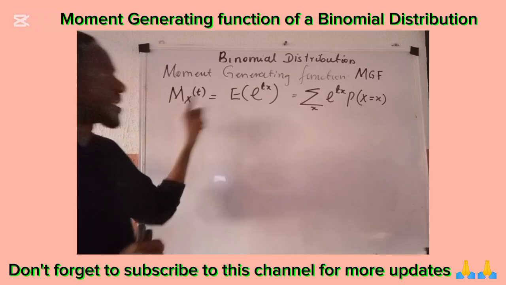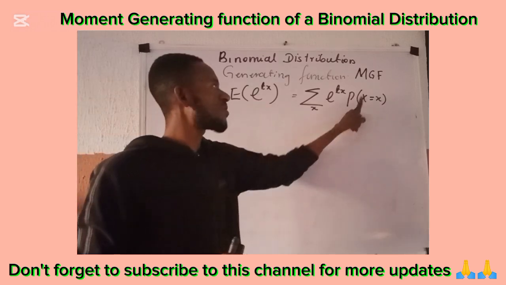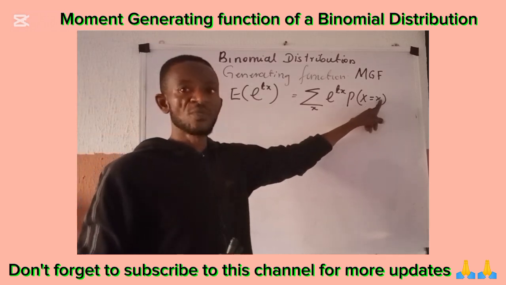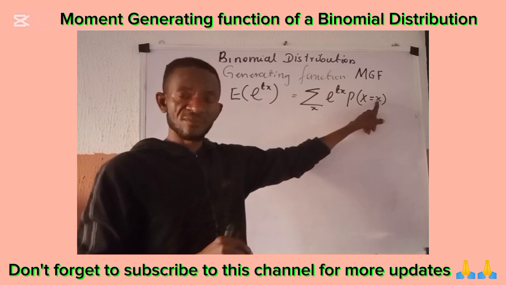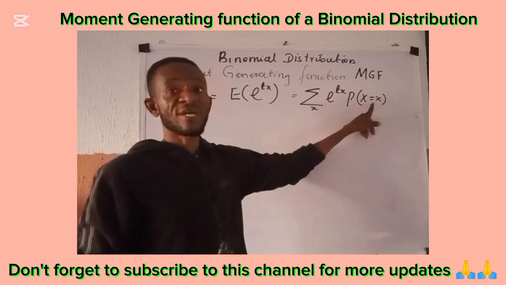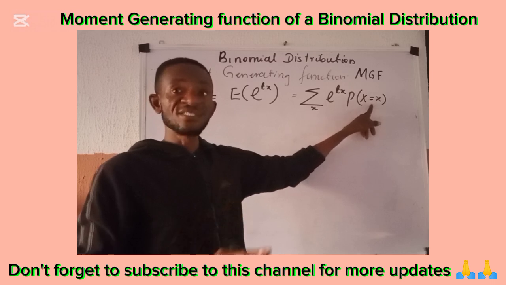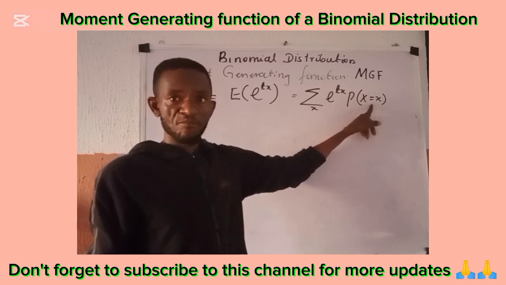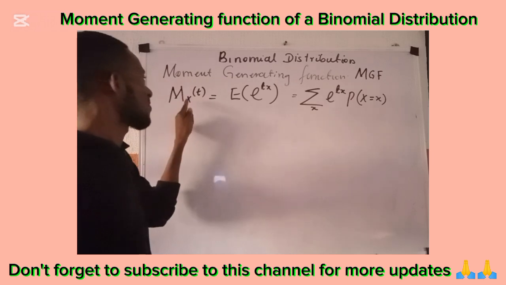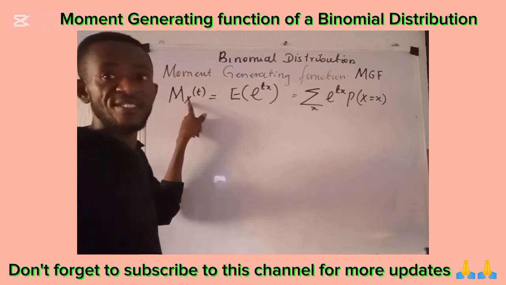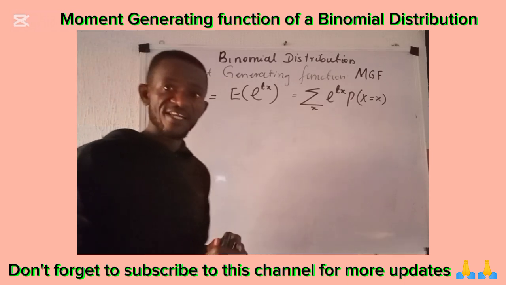Discrete because I am bringing in P of capital X equals small x, which is referred to as the probability mass function. When we talk about probability mass function, we are talking about discrete distributions.